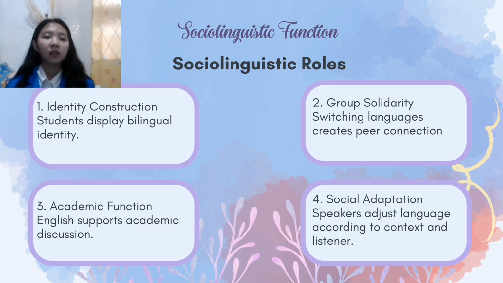The first is identity construction: students display bilingual identity. 2. Group solidarity: switching language creates peer connection. 3. Academic function: English supports academic discussion. 4. Social adaptation: speakers adjust language according to context and listeners.